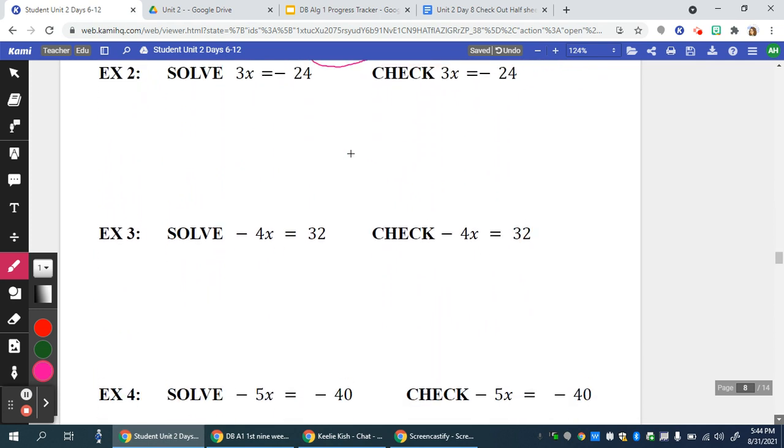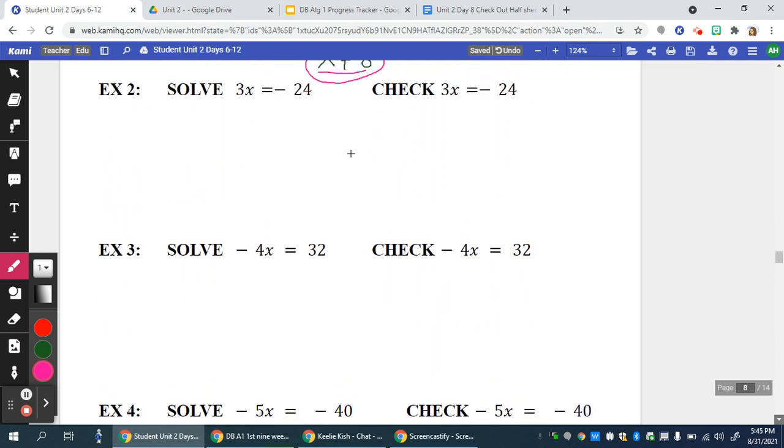All right, example 2. We are going to solve 3x equals negative 24. Let's go with green. So we draw a line. Anytime you see them next to each other, like I said, it is 3 times x, and that equals negative 24. So we do the inverse operation, which is division.